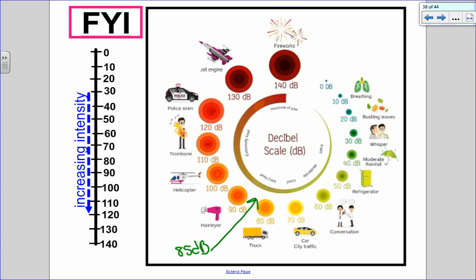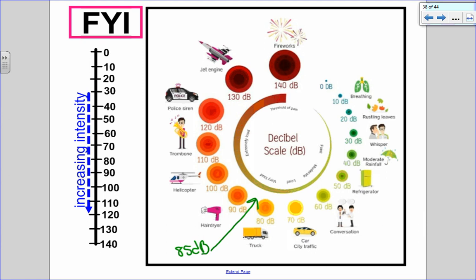So look at all of these things here. We have hair dryers, helicopters, trombones, police sirens, jet engines, fireworks. If I'm exposed to those over an extended period of time, it's going to start to cause hearing loss. So definitely important to protect your ears.